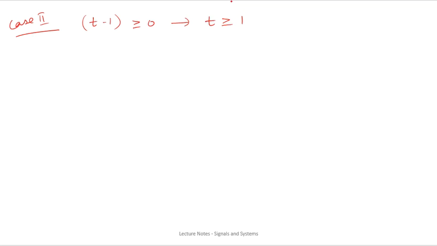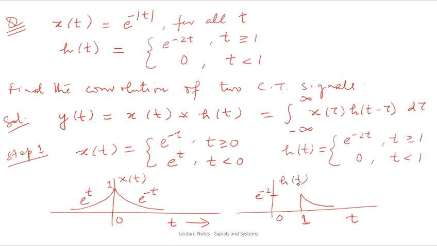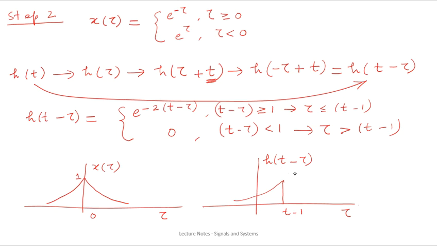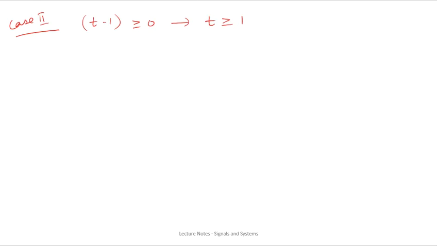Again in this waveform h of t minus tau, if this t minus 1 is greater than 0, this is the second case which we have taken here. So let us first of all draw the waveform.